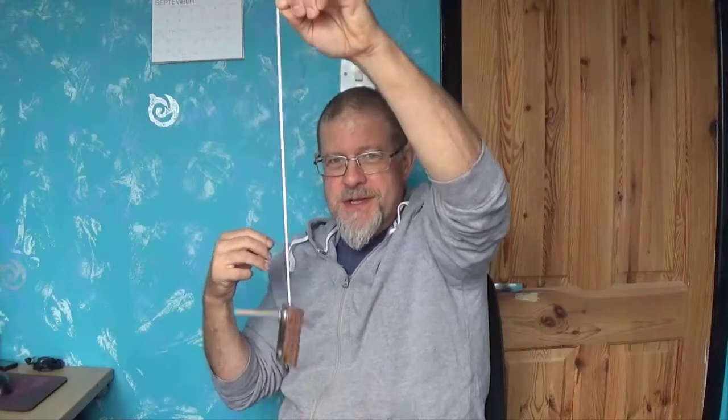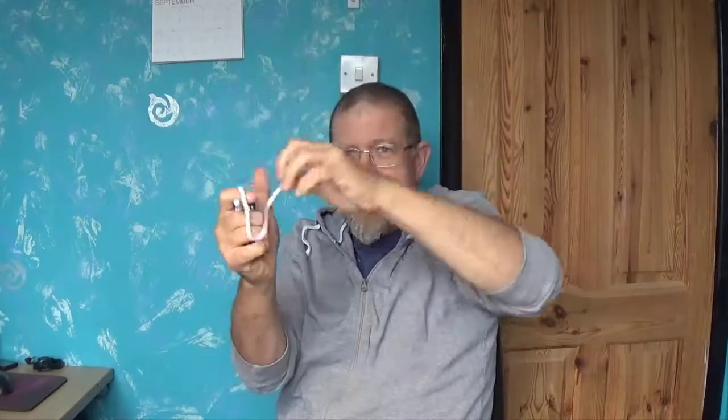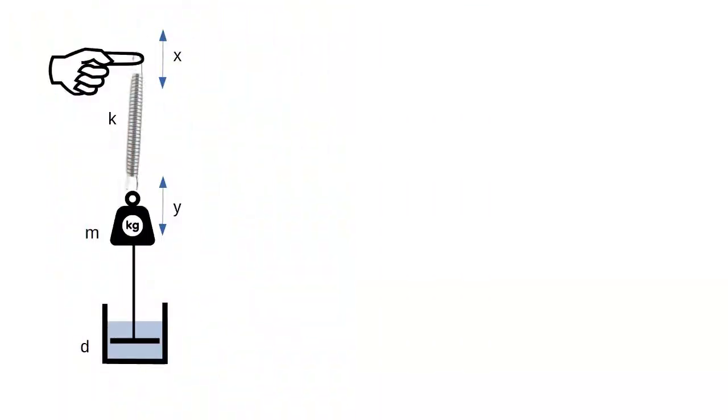So let's see what's going on with this and see if we can turn this system into some equations that we can design a filter around. Okay, so here's our system. We have a spring, our elastic in my little demo, driven by a finger, the position of which is X, the input to our filter.